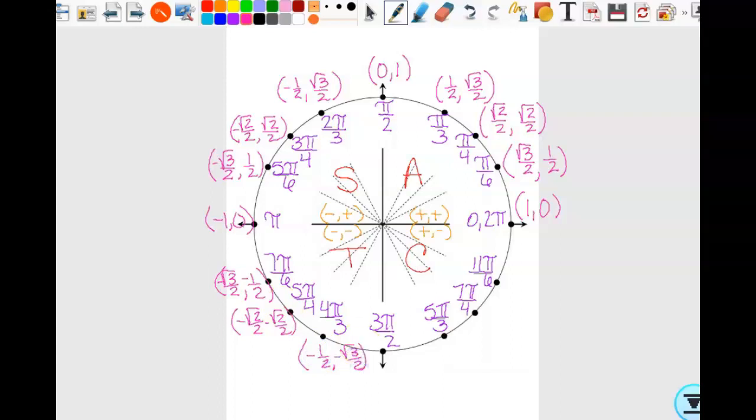And remember, it's not always just about filling out the circle and how fast can we fill it out, because we're going to have to be able to do this without just having the circle in front of us.